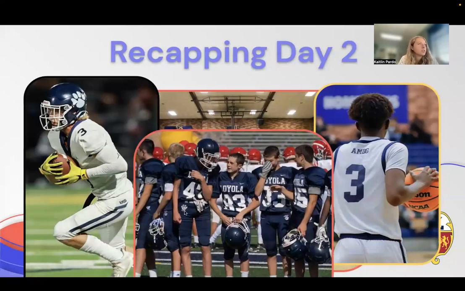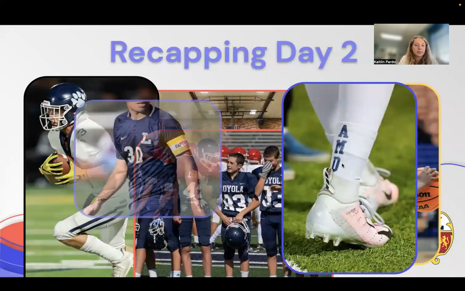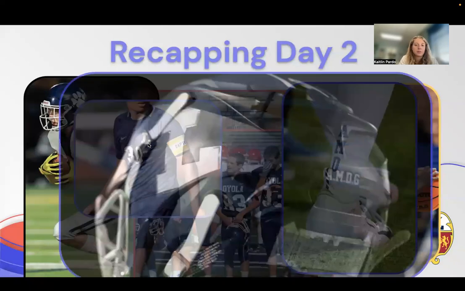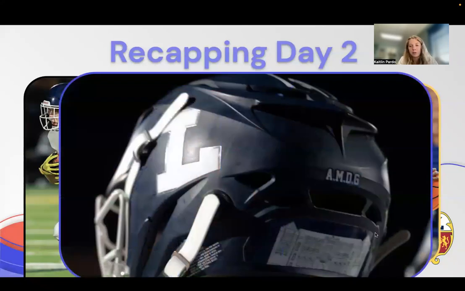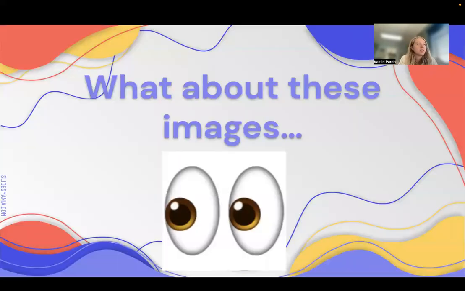Got the L and AMDG in the paw, also on football, freshman football, AMDG on socks, L on the captain's jersey. And I love the lacrosse helmet because it's got AMDG and also a picture of Loyola Hall in its architectural form. If you want to add more images, by all means, go for it.